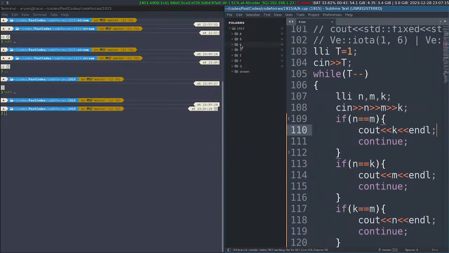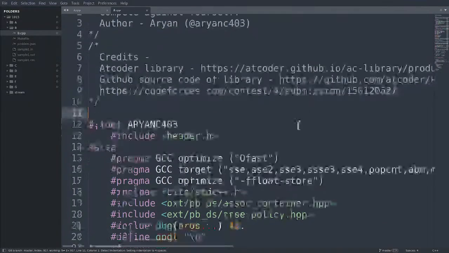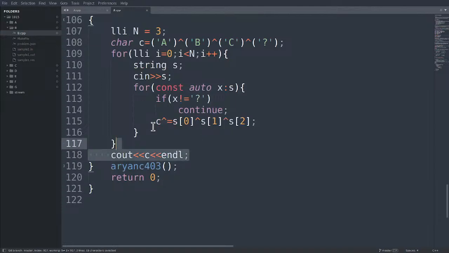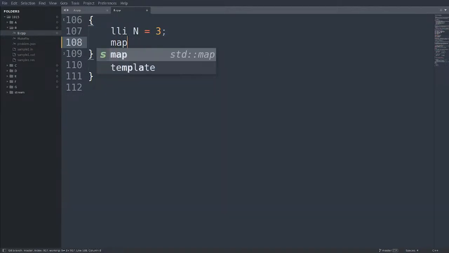I will jump on to the code for this one. There are many ways to do this. The easiest way would be to create a map.